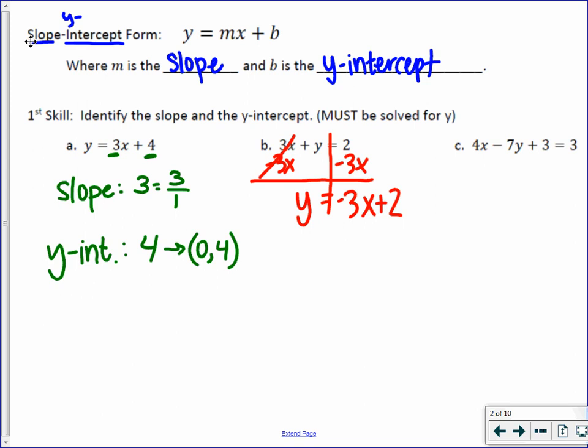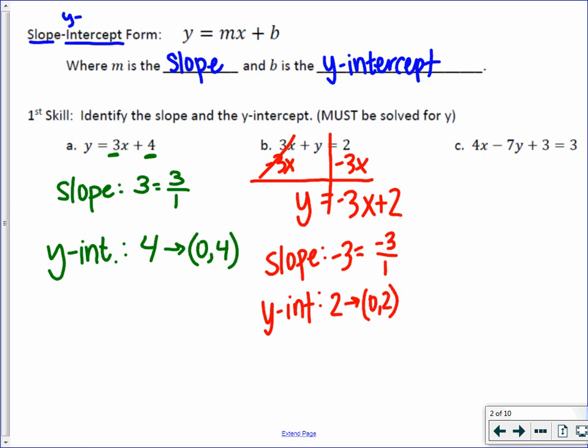Here, our slope is negative 3. Again, you could write it as -3 over 1 if you preferred. And then your y-intercept is 2, or as a point, (0, 2). Once we get y by itself, that's when we can start finding slope and y-intercept.